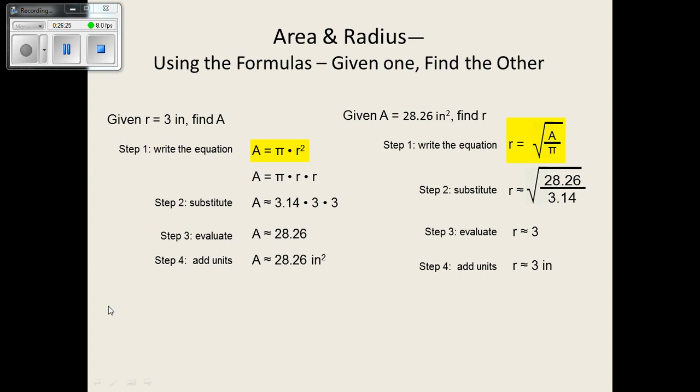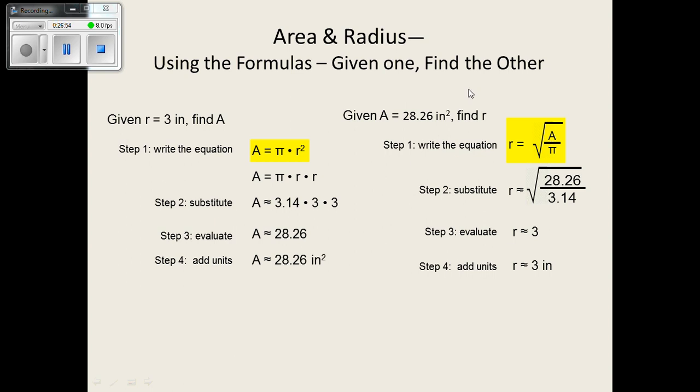Now when we're given radius, finding area is fairly straightforward. You'll write the equation, either A equals pi times r squared, or you could write this one, A equals pi times r times r. You're going to show the substitution, then you're going to do the math, then you're going to add the units. So we get, for a radius of 3, area is approximately equal to 28 and 26 hundredths square inches.